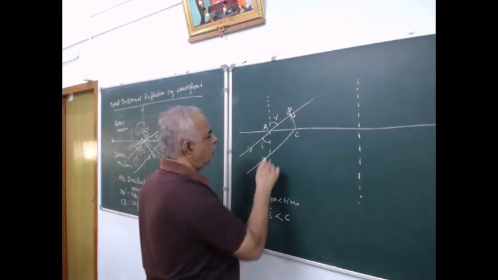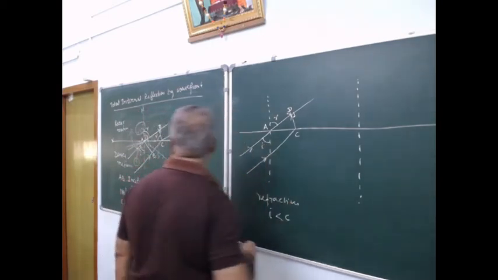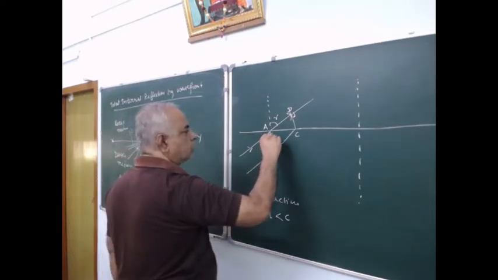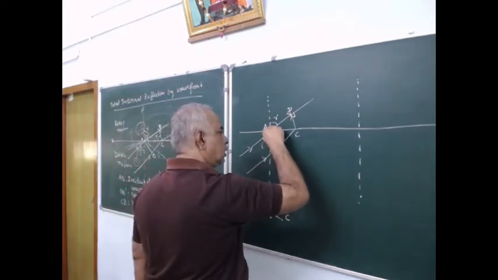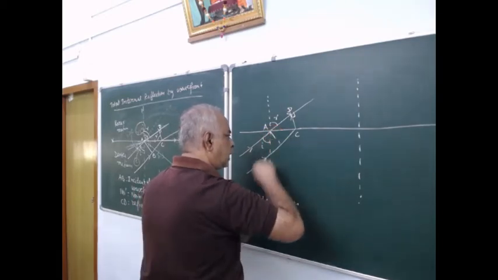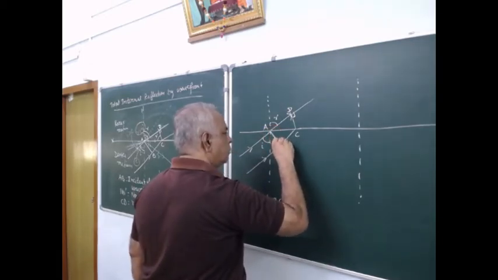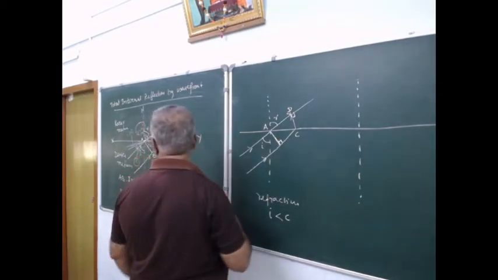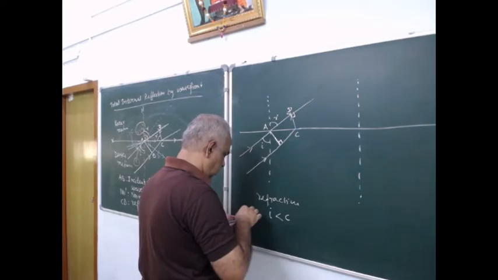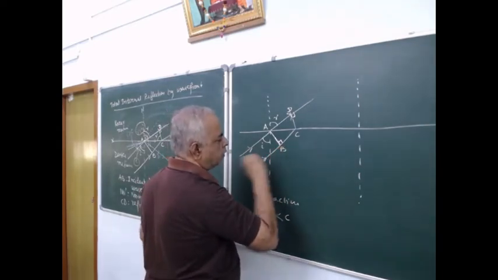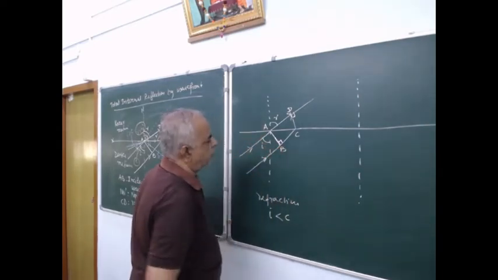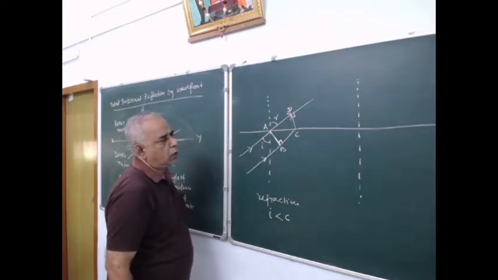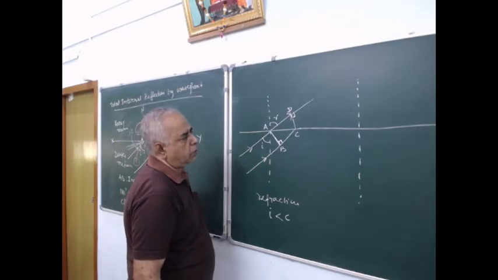okay, and if it is I and this is also I, that is, you can draw the incident wavefront 90 degree, incident wavefront 90 degree, okay. So this can be B. So AB is the incident wavefront and CD is the refracted wavefront.